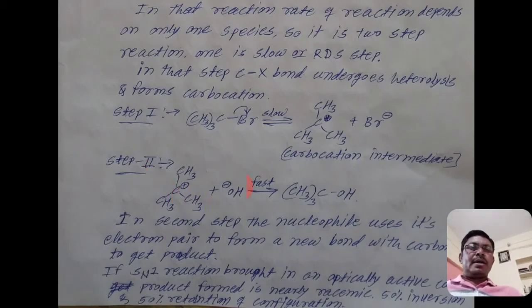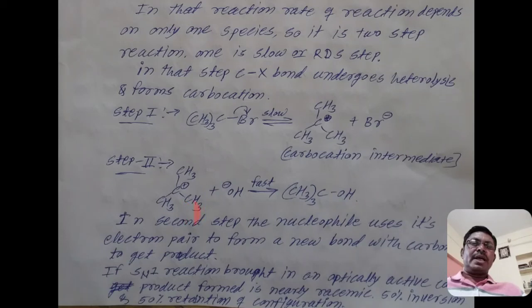Then we get two isomers, one from front side attack and one from back side attack. So it is a racemic mixture. If there are two equal mixtures, you already know it as the racemic mixture, because one isomer rotates light as dextro and the other as laevo.